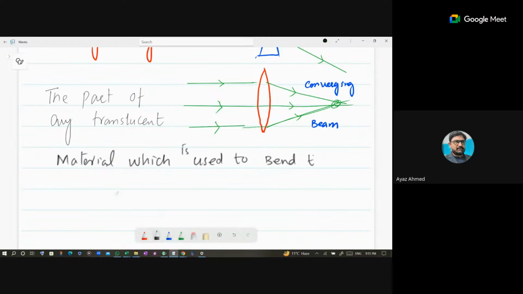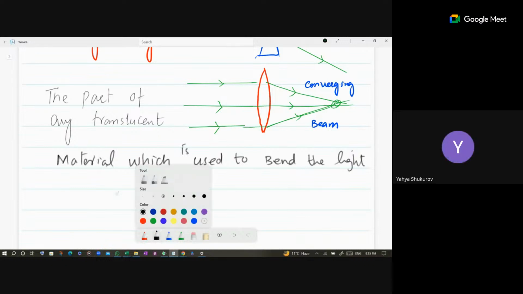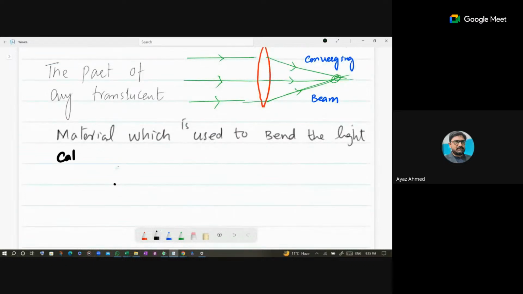Bend the light. Okay. So Ariba, our optical cables lens, yes, that is called a lens. That device is called a lens.